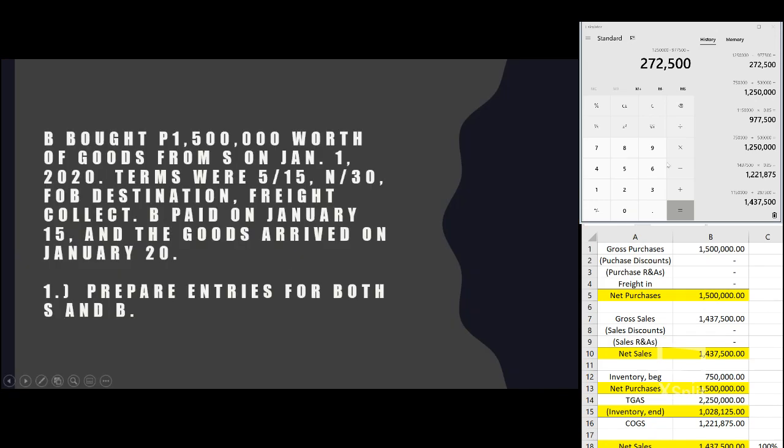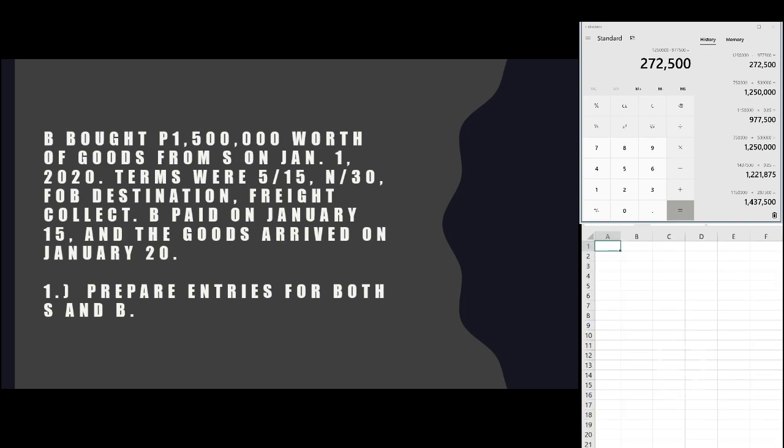Okay? So, punta ako here. Ayan. Punta tayo sa blank. Mag-start tayo sa blank. Okay? So, sige, basahin ko muna pala, sorry. Buyer bought 1,500,000 worth of goods from seller on January 1, 2020.